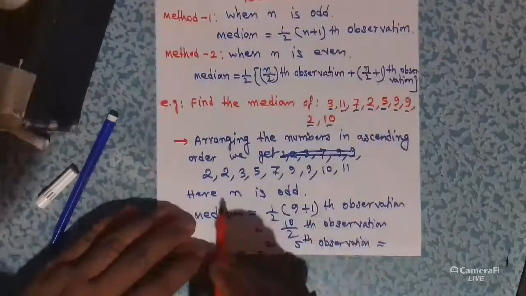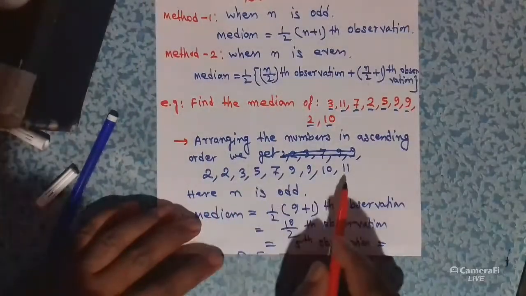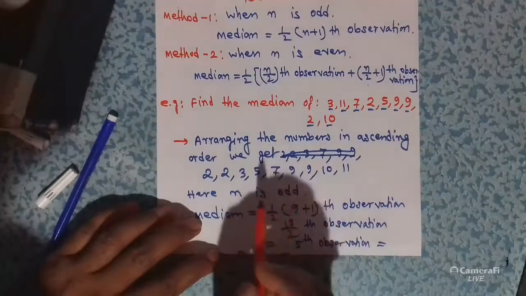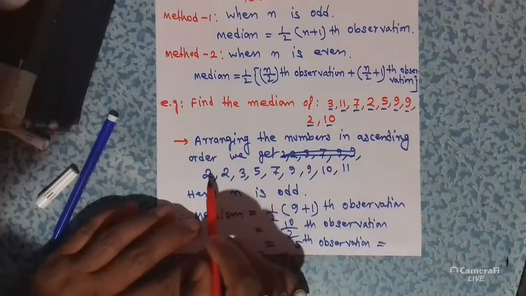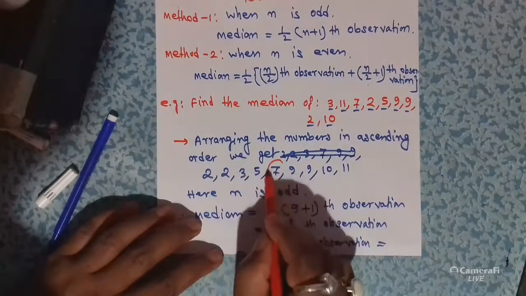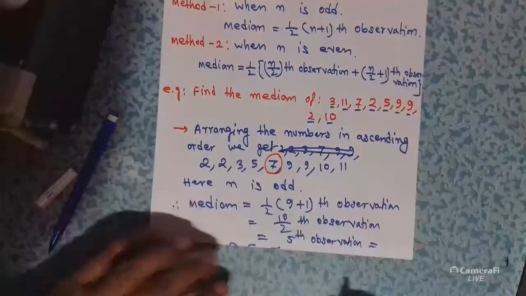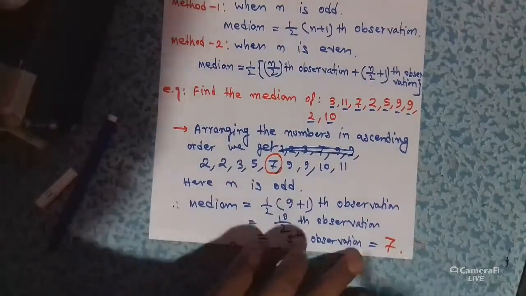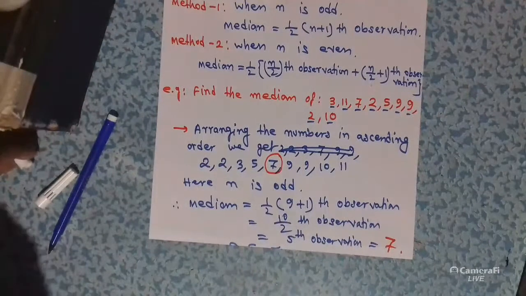Now in these observations you must find the 5th observation: 1 2 3 4 5. So this is the 5th observation, and the 5th observation is 7. So 7 is the right answer.